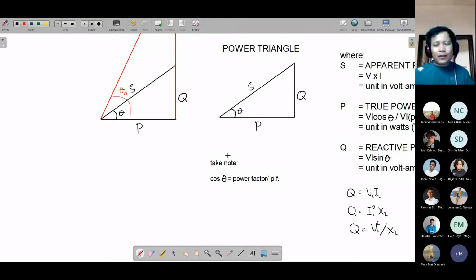Naa na siya standard. Ang power factor diri sa Pilipinas, gi-maintain to be at around 0.8 to 0.85. Pila may angle na?